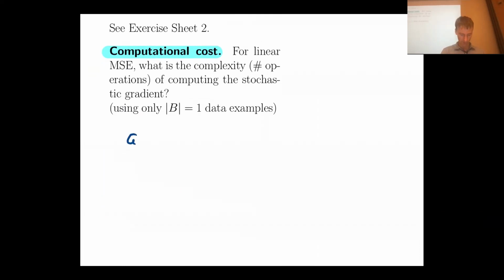So we had gradient descent, and then we had stochastic gradient descent.